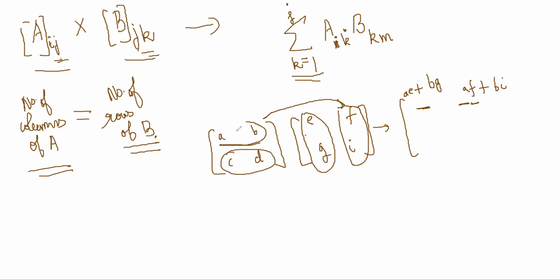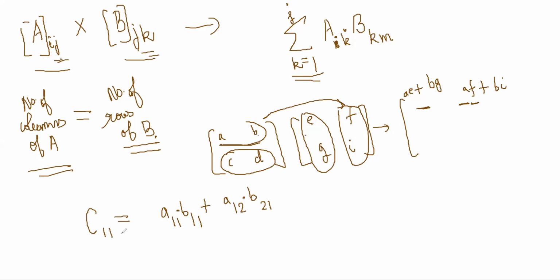So basically you are writing this as A11 into B11 plus A12 into B21, right? That is your first element in this final matrix.